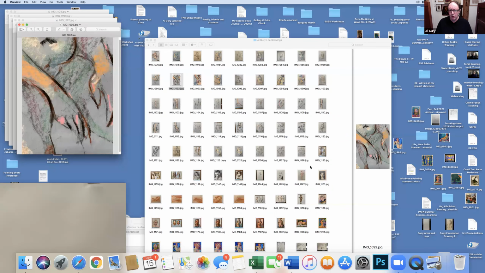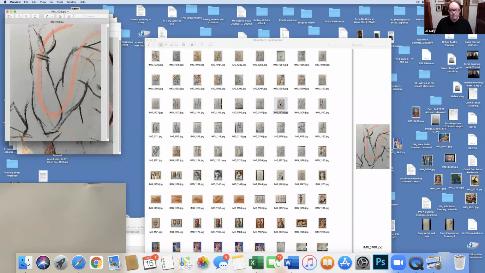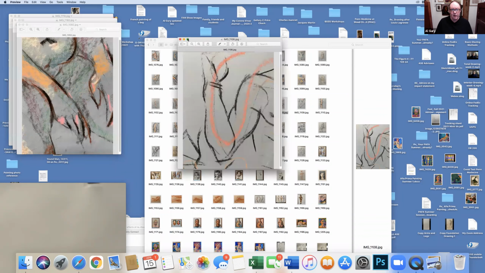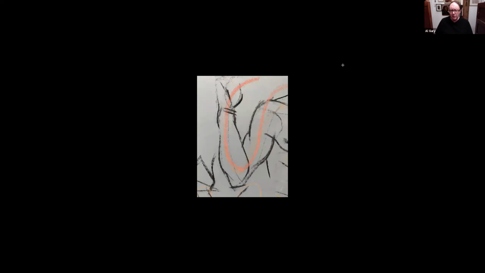I know people who know a lot of anatomy, but their drawings are not necessarily very alive because of that. What they're missing is they're not adding all of these other elements to it.